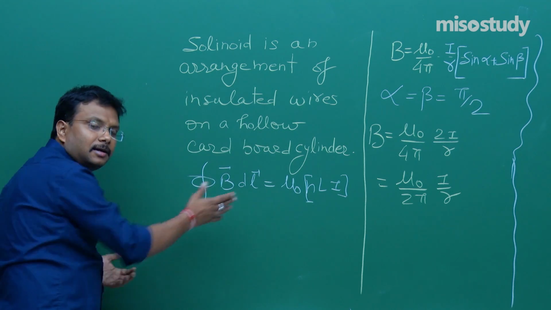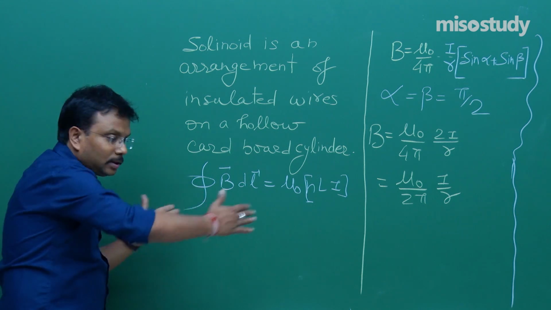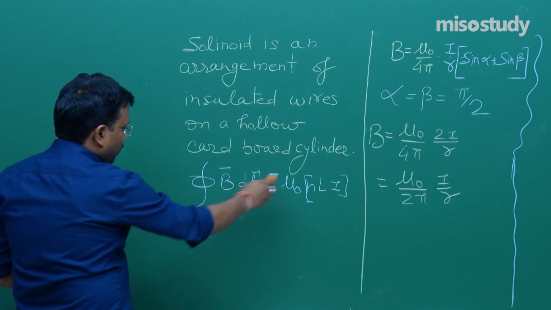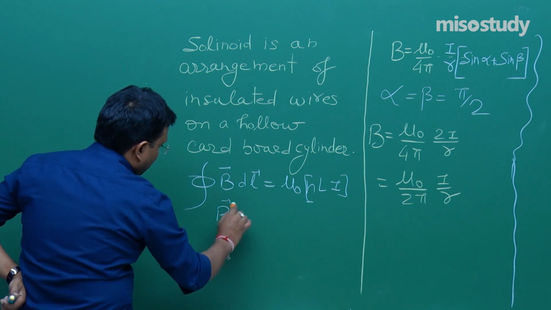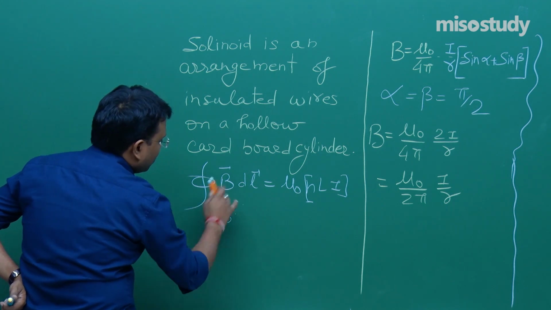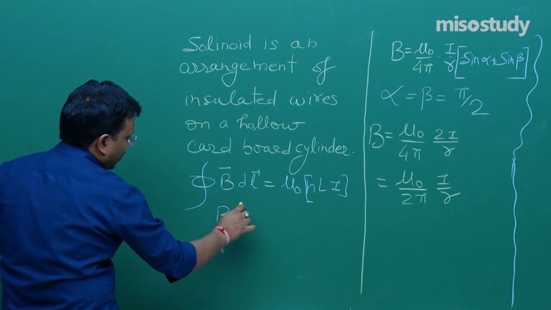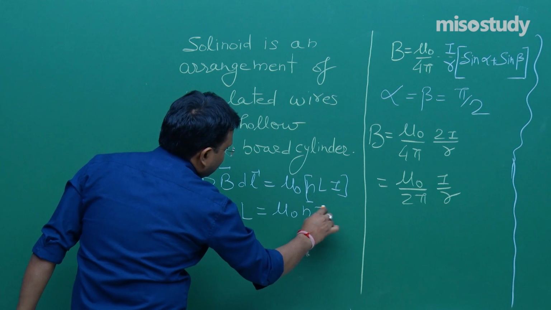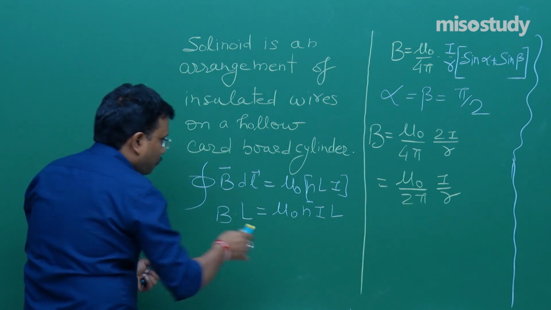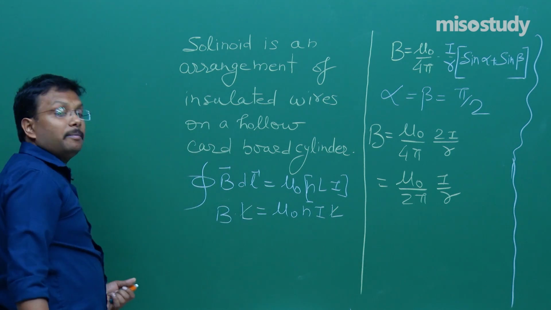This dl is nothing but the total length. So here you can put in the values: B into l, let us write the mod value, B l is equal to mu naught n I l. Therefore, this l and l will be cancelled.